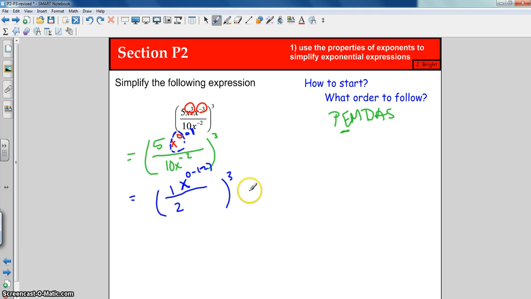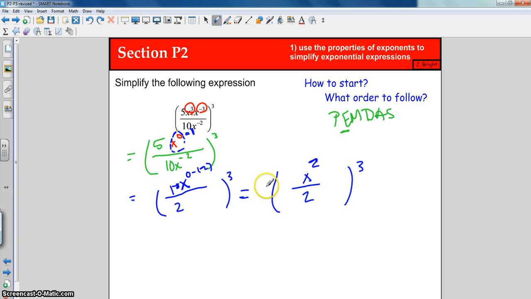Okay, and if I work that out, or just rewrite it, this is all to the third power. That's an x in the numerator. I can get rid of the 1 because it's just multiplication. And so 0 minus minus 2, that's x to the positive 2. Okay, and this is all over 2.